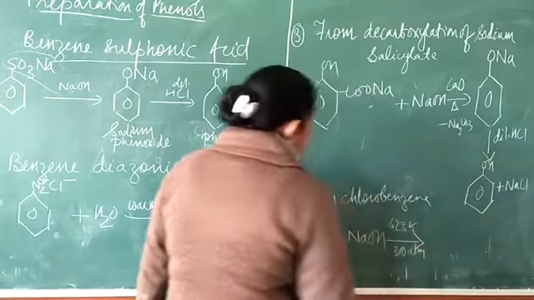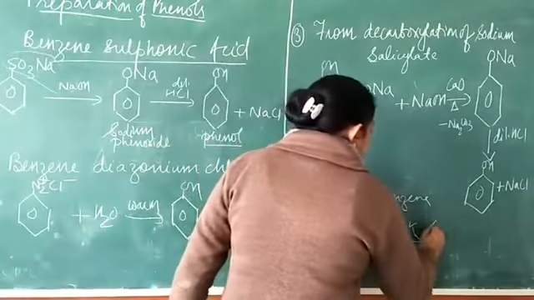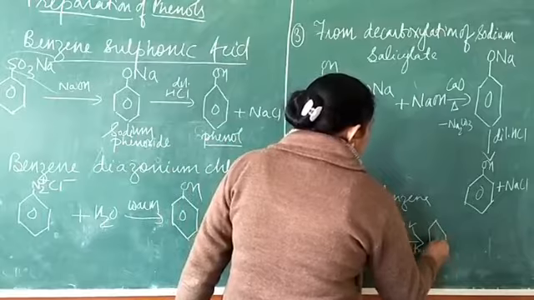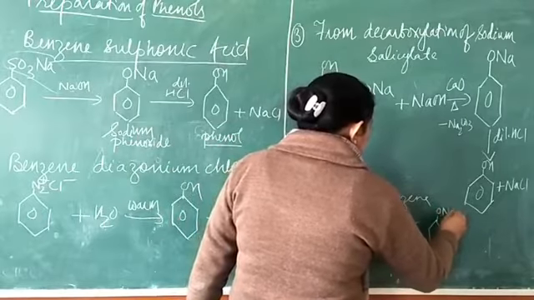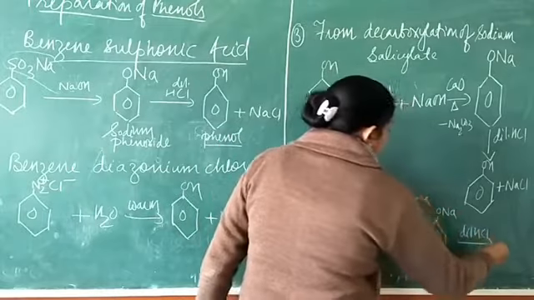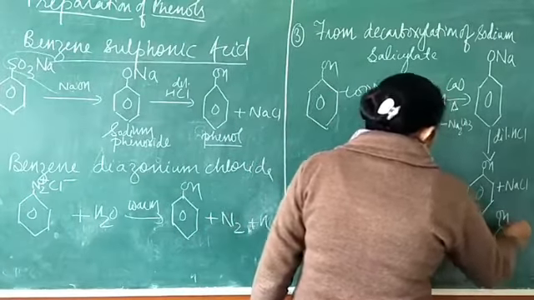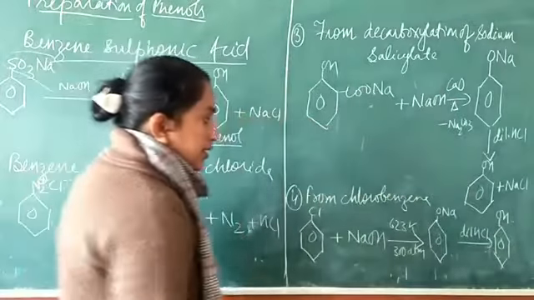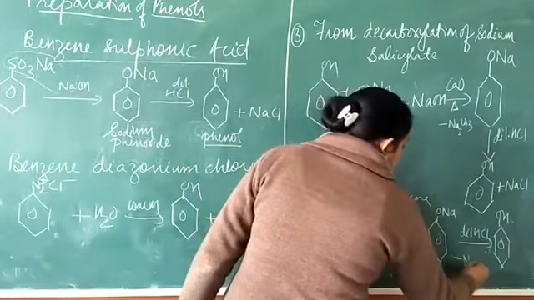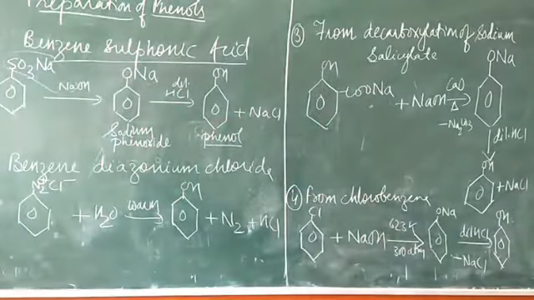This reaction we have discussed as a chemical property of haloarenes. So we will obtain here sodium phenoxide, which further on treatment with dilute HCl will give us phenol. Right? So the phenol can be obtained from the chlorobenzene also.